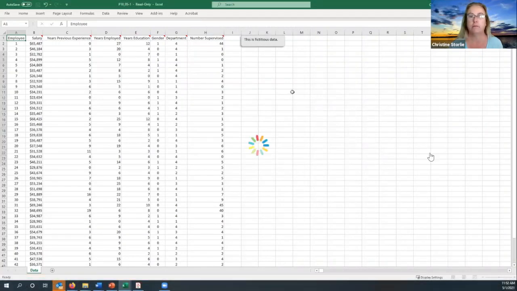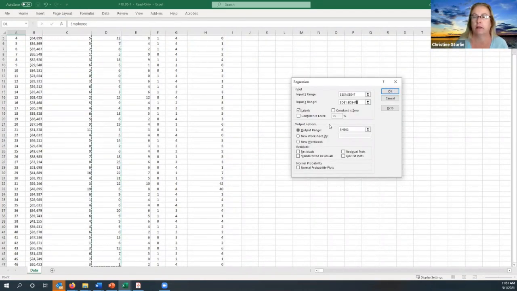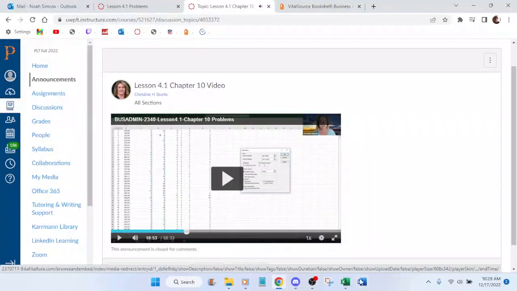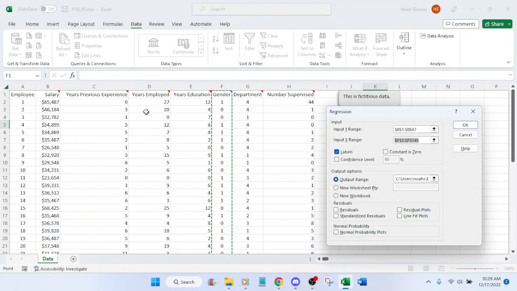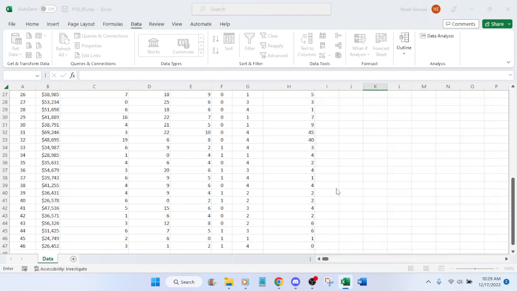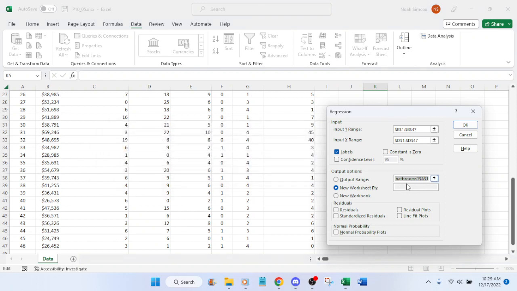Stop it. Stop being dumb. Dang it. Years employed is that one. So years employed, and the output range is going to be, oh nope, it's going to be new worksheet. Stop being stupid.